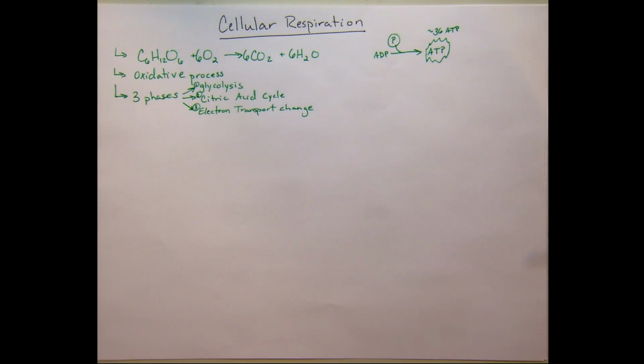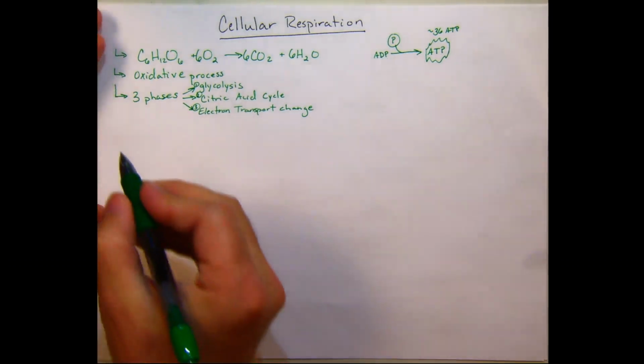In other words, what starts off in glycolysis and what do you end up with? What are the reactants, what are the products? Same thing with the citric acid cycle and the electron transport chain: the reactants, the products, and where they are. We're going to go through that briefly in a moment.